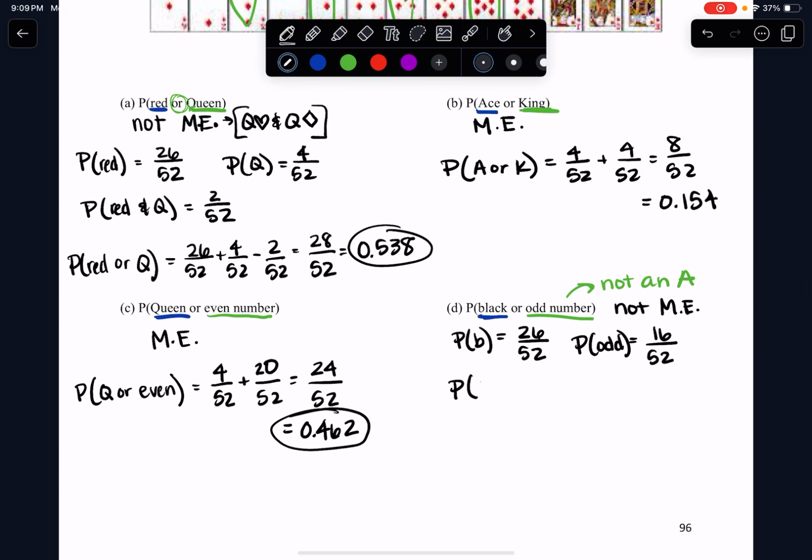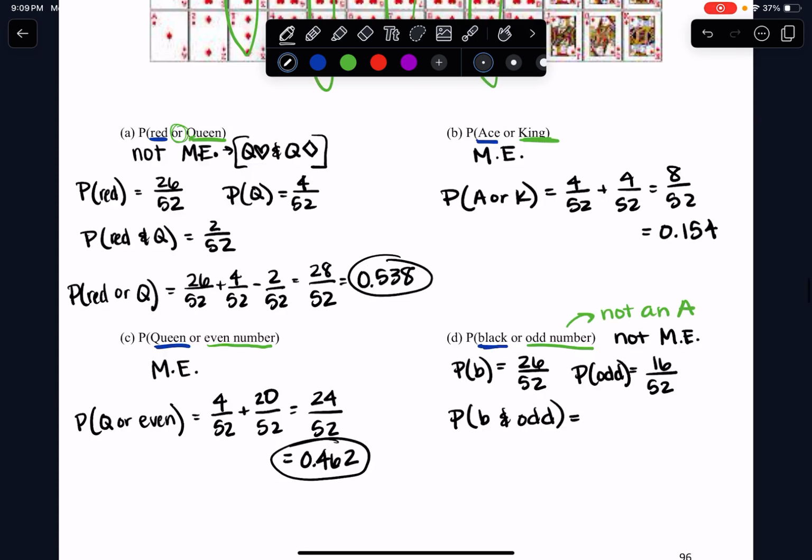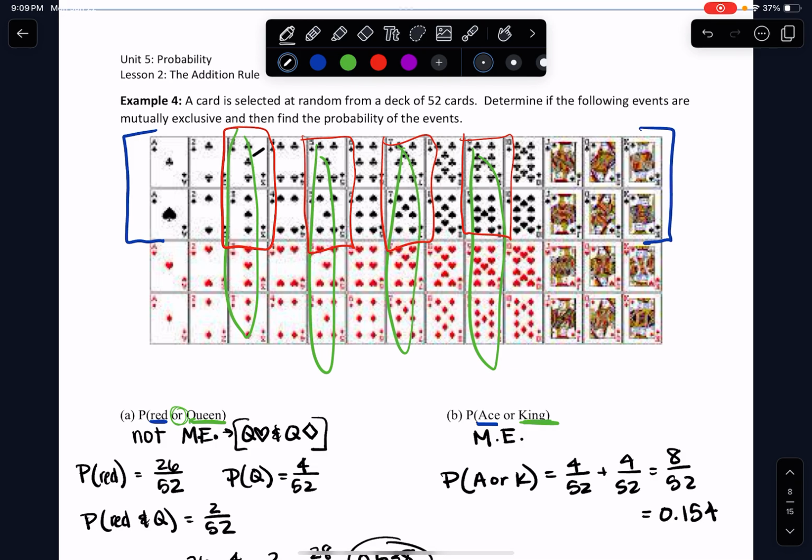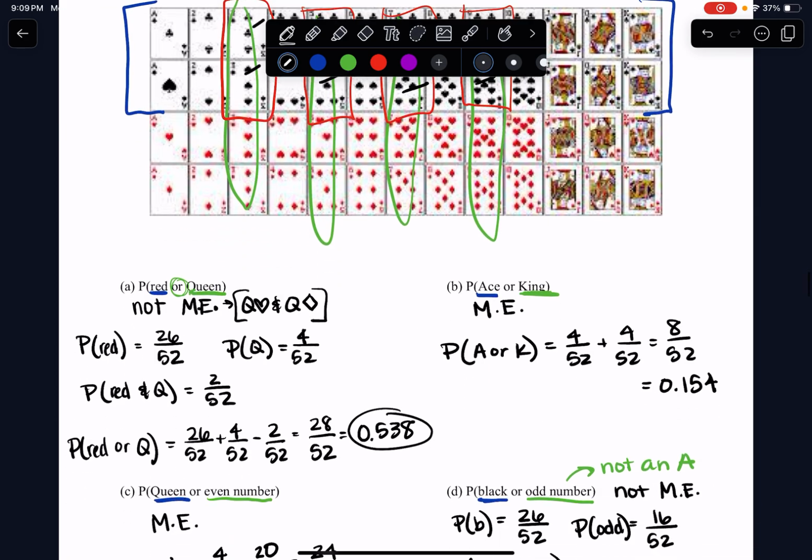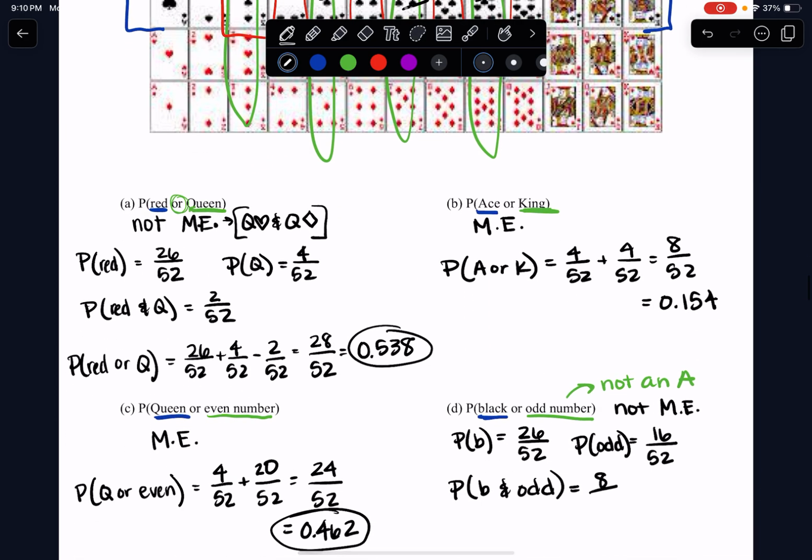The probability of a black card and an odd card, if we take a look, we've got 1, 2, 3, 4, 5, 6, 7, 8 examples of overlap. So 8 out of 52 are black and odd.